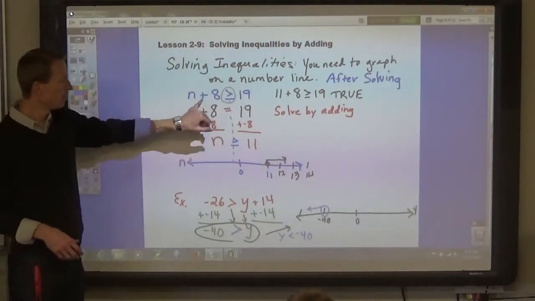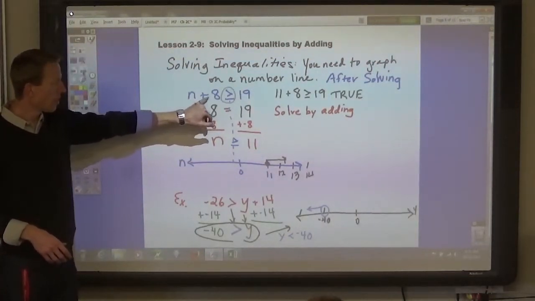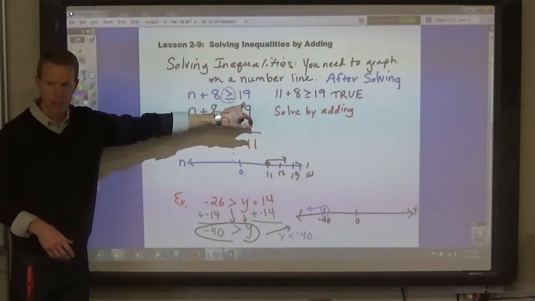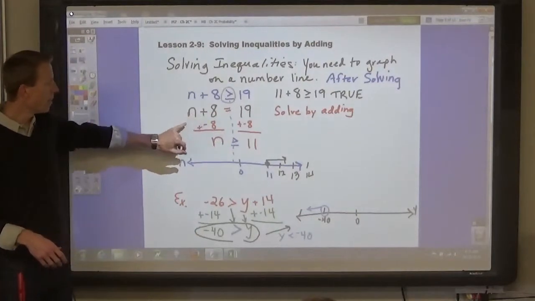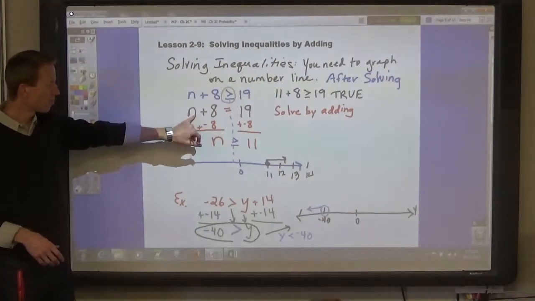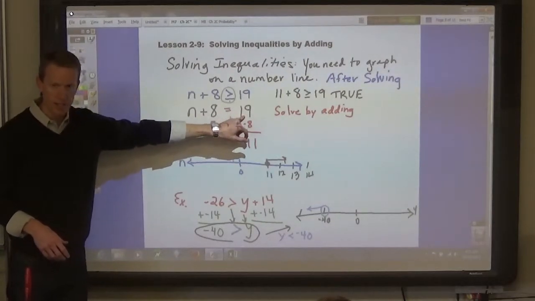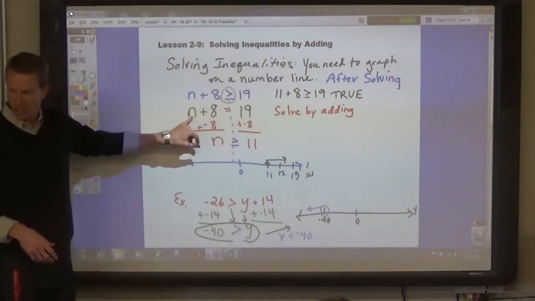So in this case, we're starting with n plus 8 is greater than or equal to 19. And to solve it, we're going to think of this as n plus 8 is equal to 19, and then find what n is.